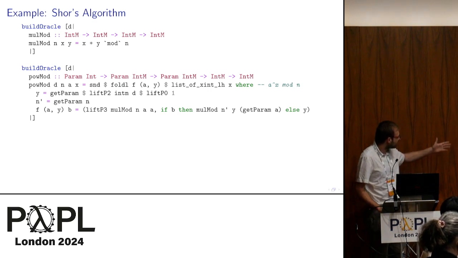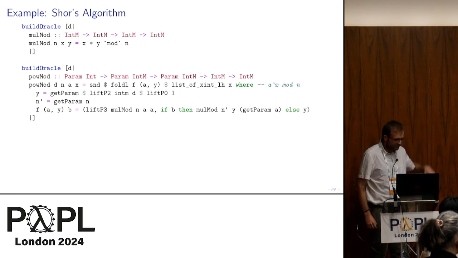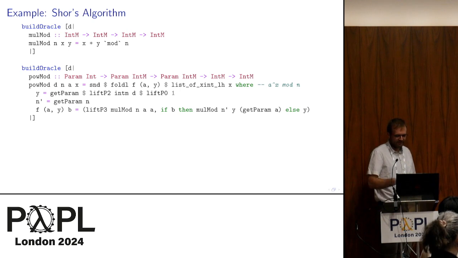Then you can use that to build one that does modular exponentiation. It calculates here a to the x mod n. The details aren't really that important. In this case, it's treating the exponent as a bit string and effectively doing exponentiation by squares.